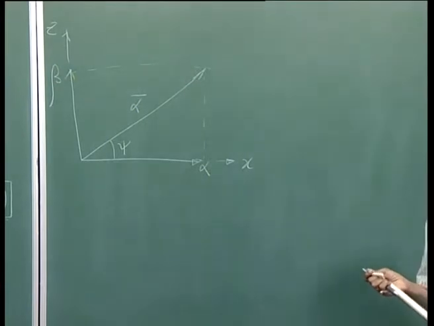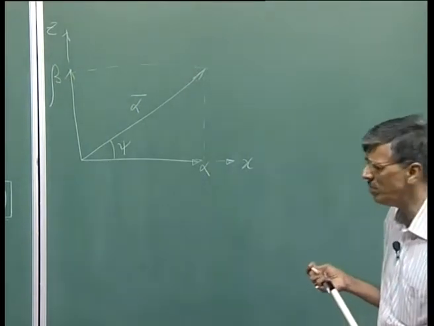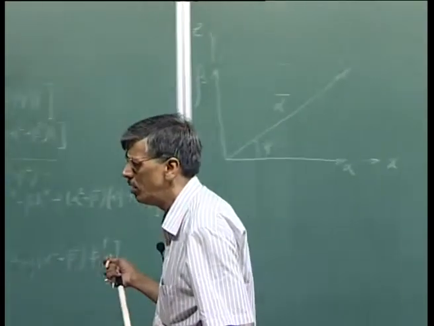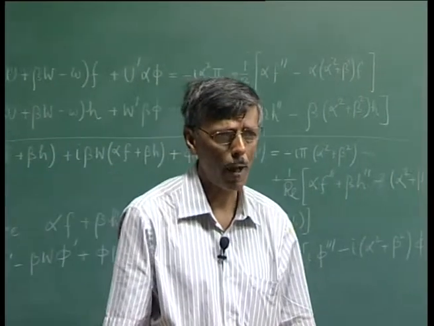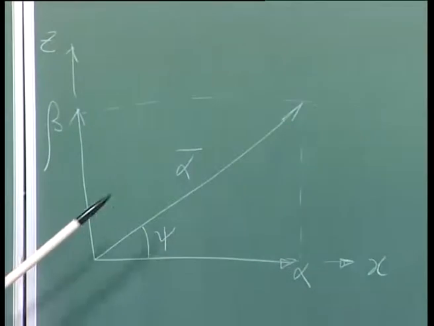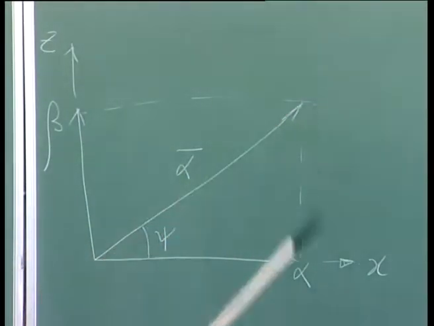So, what happens is we have the real frequency given by omega r, and we have found the resultant wave number vector alpha bar. So, omega r divided by alpha bar would be the phase speed of the propagating disturbance in this direction, right.